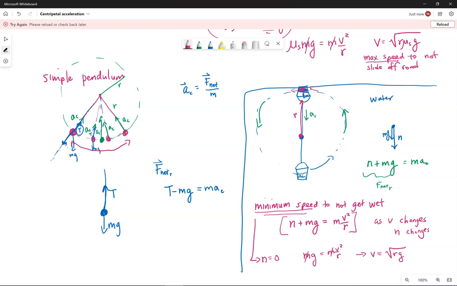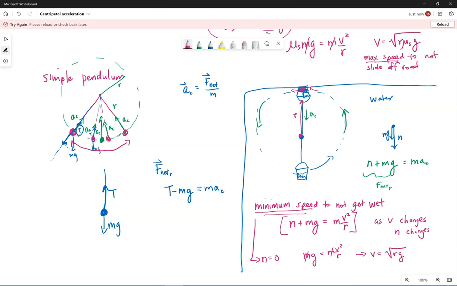So that's the absolute slowest, and the water will just barely stay in the bucket. Twirling the bucket any faster than that will definitely keep the water in the bucket, and you will feel the pull of the water, or the push, I guess, of the water against the bottom of the bucket.